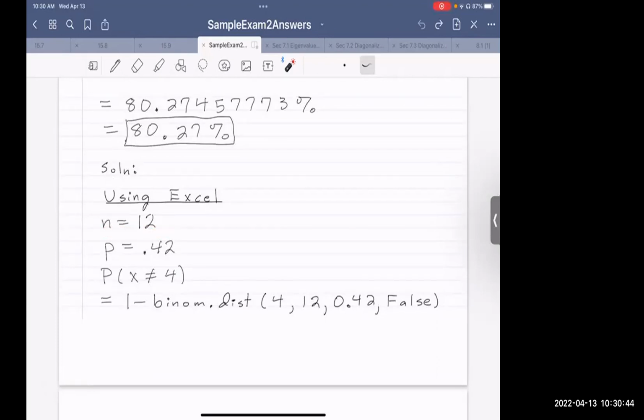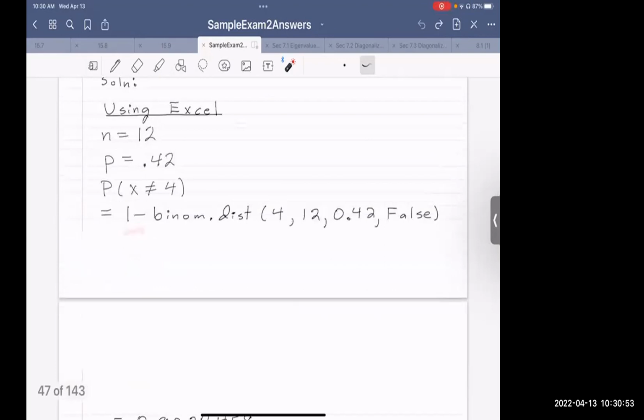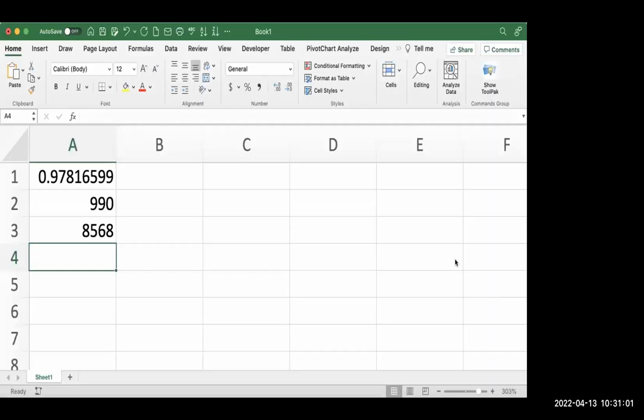If you're going to be using Excel to do this, then again, we have a binomial distribution with n equals 12, p equal 0.42. I want to find the probability that X is not equal to 4. So I'll do 1 minus binomial distribution, 4, 12, 0.42, and we're going to be using a PDF, so it'll be false.